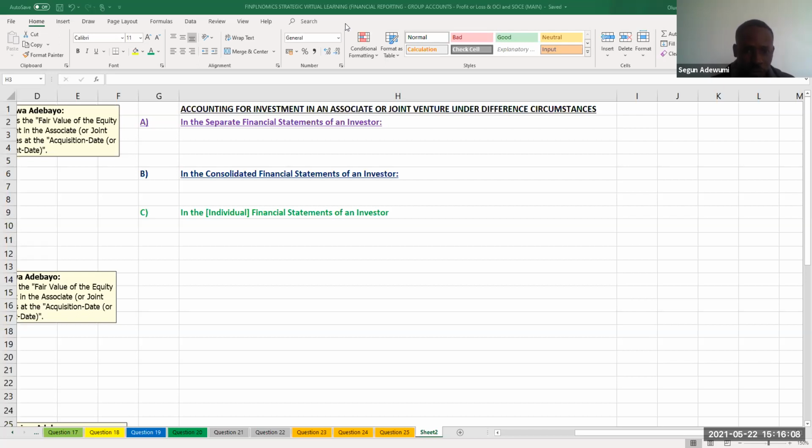While the individual financial statement of an investor is the financial statements of both the parent and the subsidiaries, or the subsidiary as the case may be, separately without consolidation. Or do you want me to go over it again?